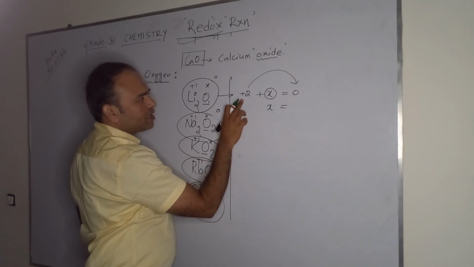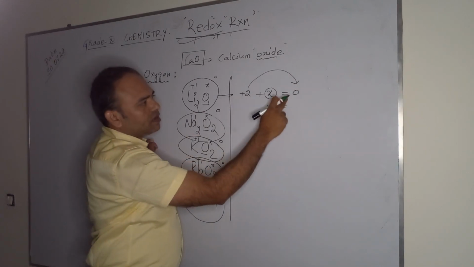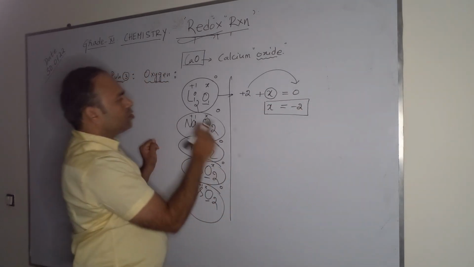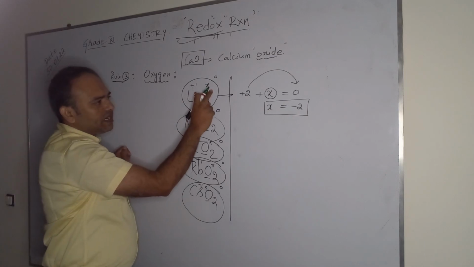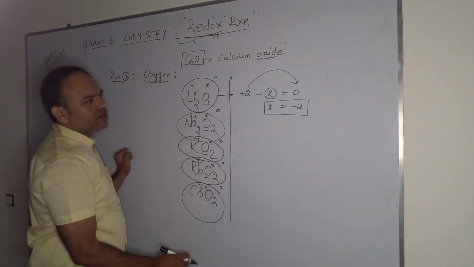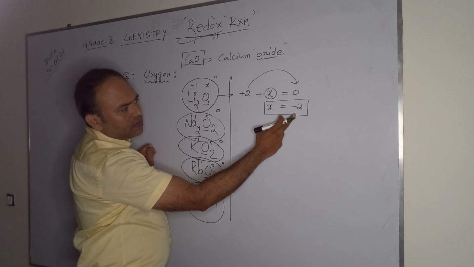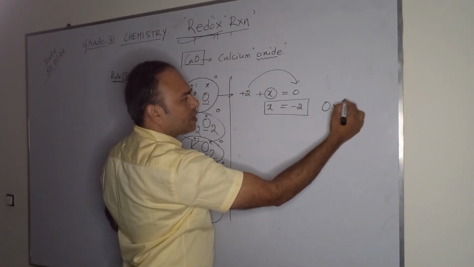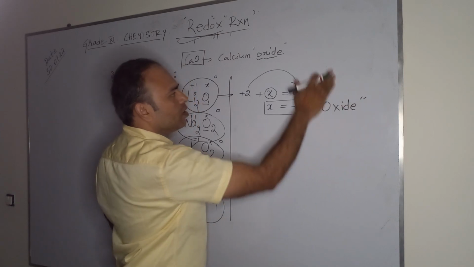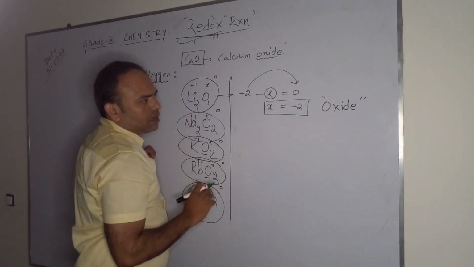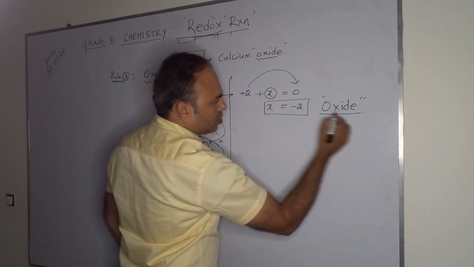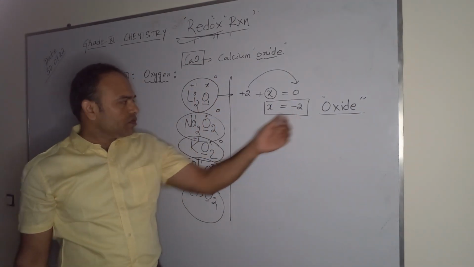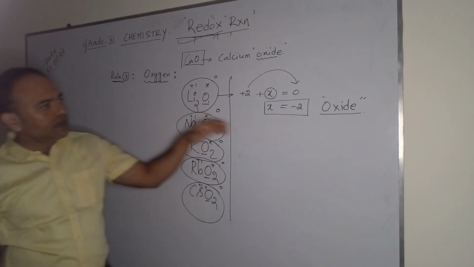X is equal to +2, and if it moves to the other side of the symbol, it becomes -2. So what is the oxidation state? That is nothing but -2. Whenever oxygen has the oxidation state -2, you call it oxide. What is an oxide? Whenever you have the -2 oxidation state for oxygen, you call it an oxide.